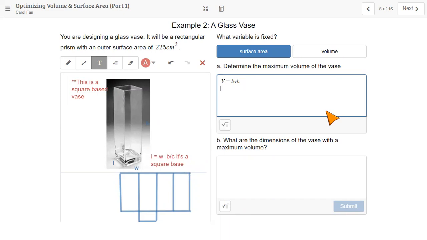Okay, since length is equal to width, let's use the variable b to represent the base.